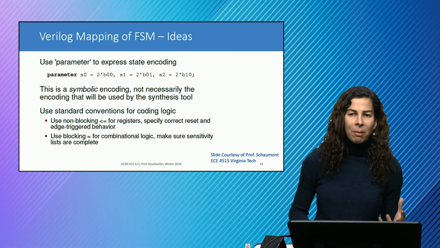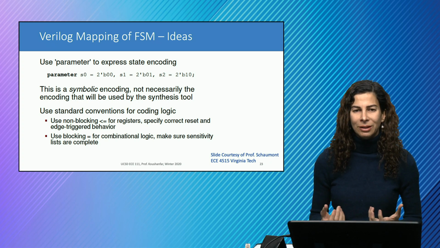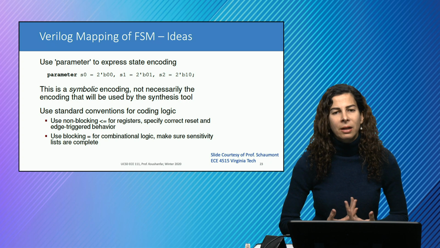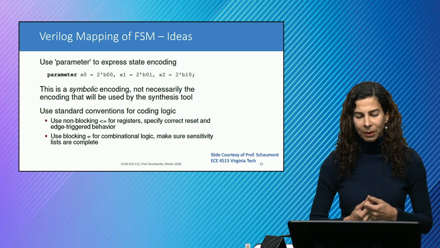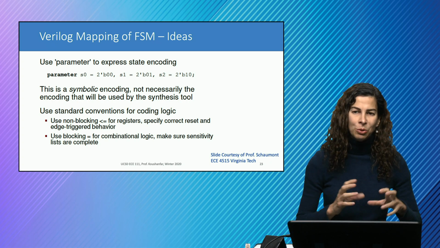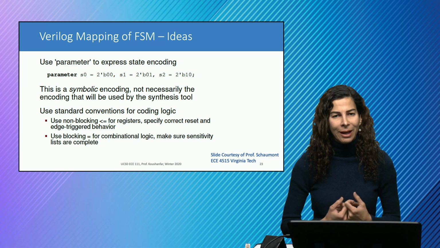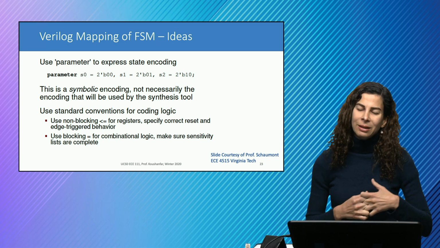This is a symbolic statement, so the initial values I assign to the states are not going to be interpreted exactly by the synthesis tool. The synthesis tool may optimize and use its own values for coding that.